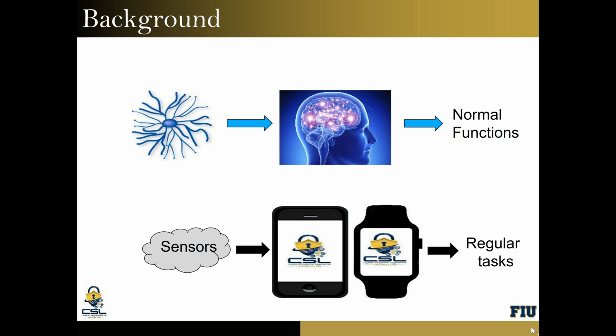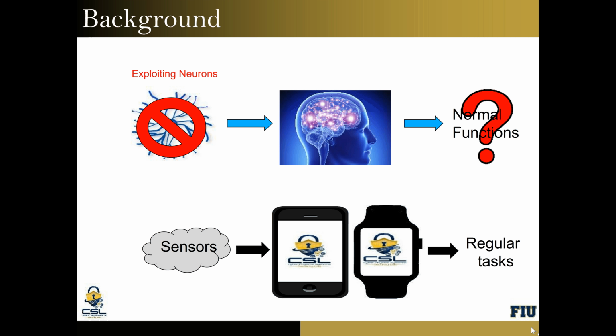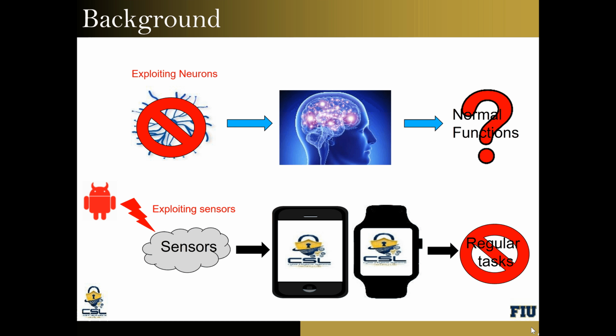Now, if a neuron is blocked, then our brain cannot function and the normal function of the human body will be impaired. Similarly, if we exploit the sensors, the regular tasks of a smart device will be held up.